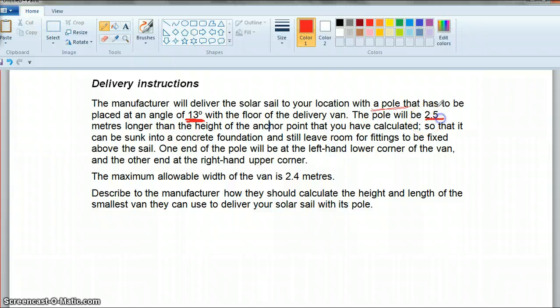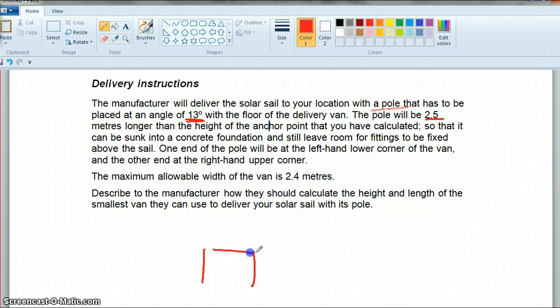The pole will be 2.5 metres longer than the height of the anchor point that you have calculated, so that it can be sunk into concrete foundation and still leave room for fittings to be fixed above the sail. One end of the pole will be at the left hand corner of the van and the other end will be at the right hand upper corner.